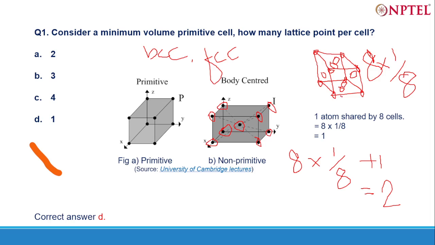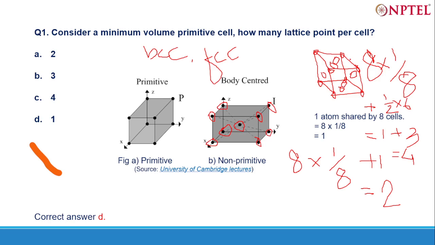So 8 atoms like this, 8 into 1 by 8, plus these face atoms are only half in this cell, and there are how many faces? 1, 2, 3, 4, 5, 6. Total 6 faces. So 6 atoms which are half shared for this cell. So what we get? 1 plus 3 equal to 4.